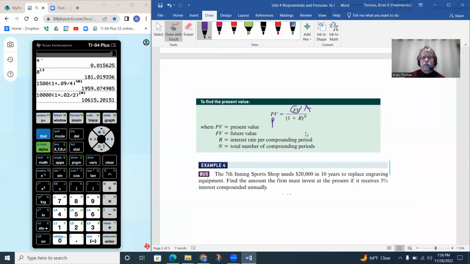PV is the same thing as P, and FV is the same thing as A in our formula. R, like I said, is the same thing as R over N. So notice how this really is P, this is really A, and the number of compounding periods is actually N times T. So there's some things that are tucked away in these formulas here.